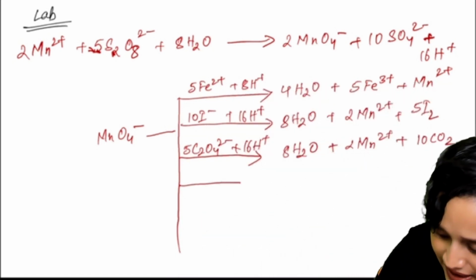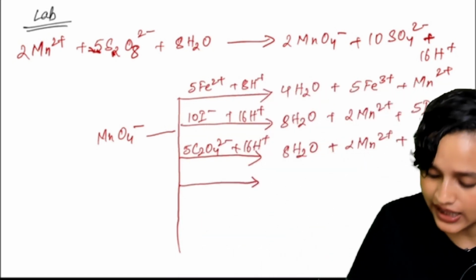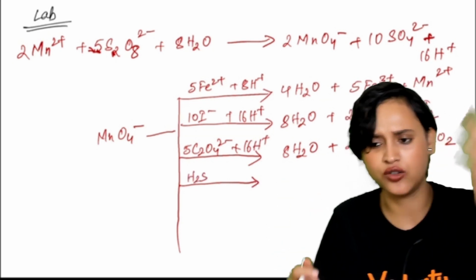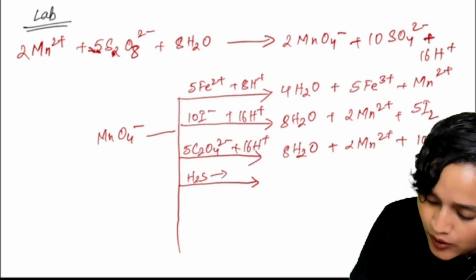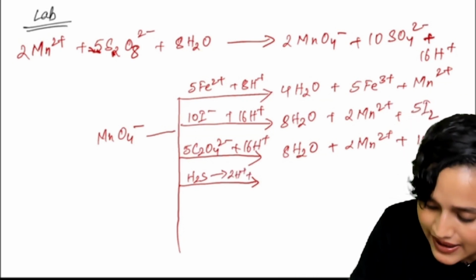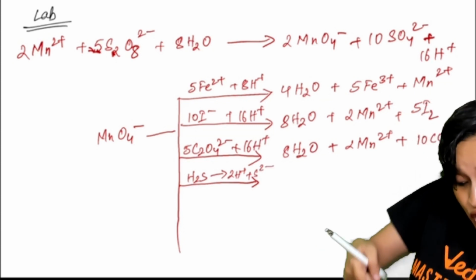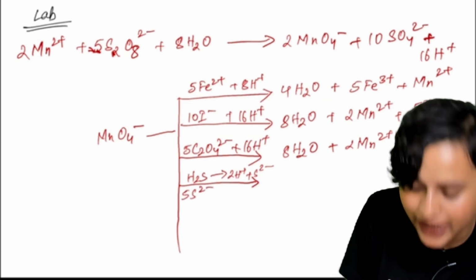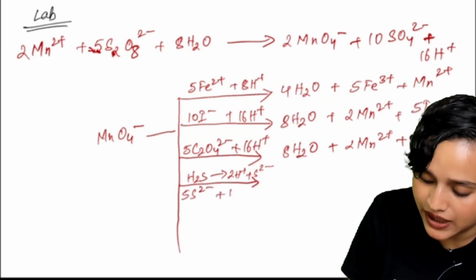All right. Next, everybody, let's take H2S. How many H2S do we take? But this H2S will do what? It will become 2H⁺ plus S²⁻. So from here we will take 5S²⁻ plus 16H⁺.